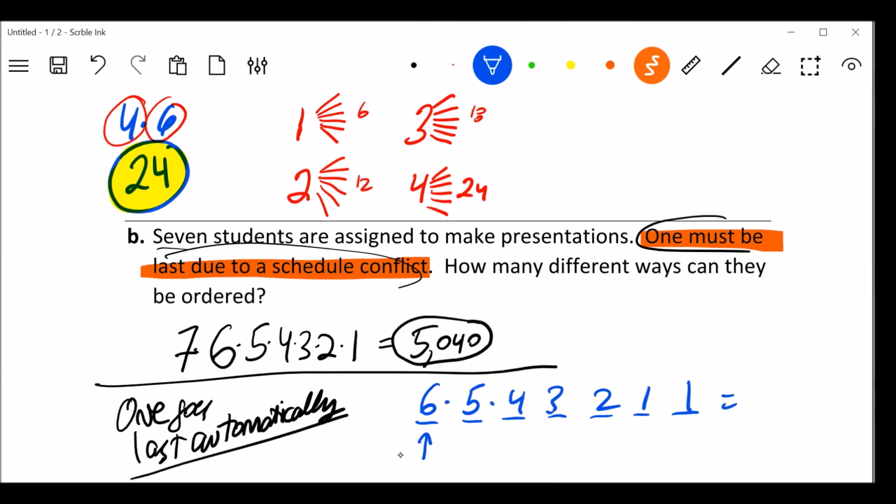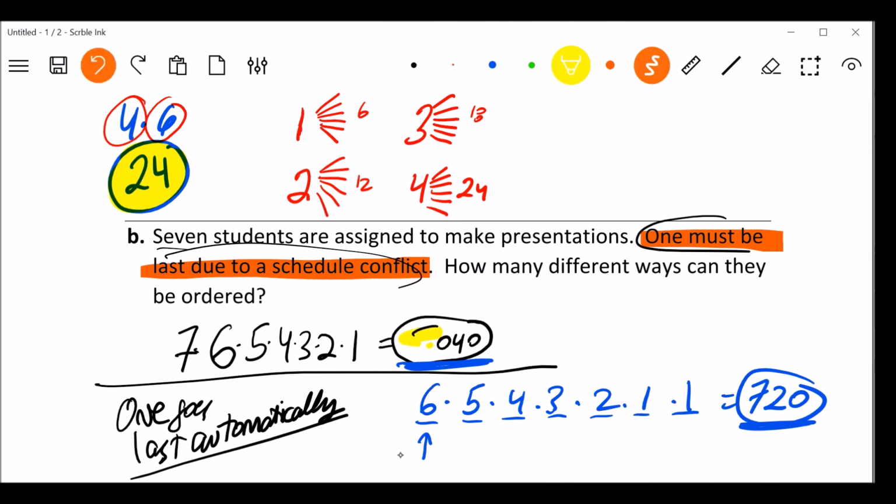So multiply these and you get 720 possibilities. That's a big difference just by 1 number going left. But that's what the multiplication shows. And if you were to figure them out individually, you would find that's what it would be, 720 or 5,040.